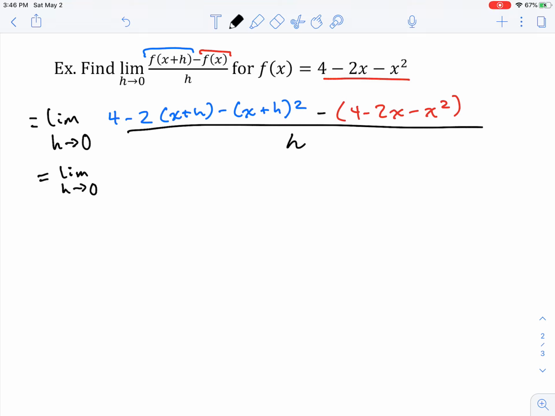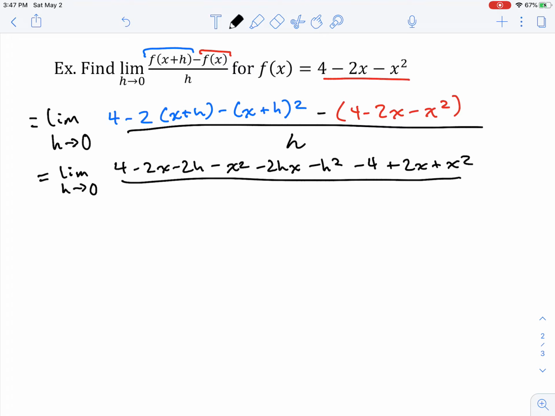Sometimes in order for you to clean things up, you've got to make things a little messy first. So we've got 4 minus 2x minus 2h minus x squared minus 2hx. Be careful with your signs. Remember, you're distributing a negative each time. Minus h squared minus 4 plus 2x plus x squared. And all of this over h.